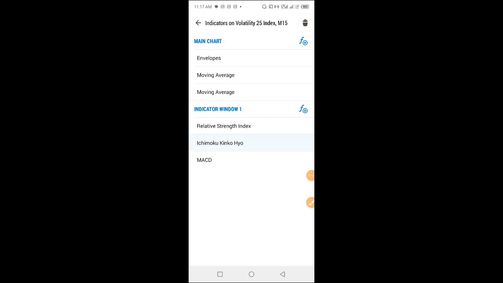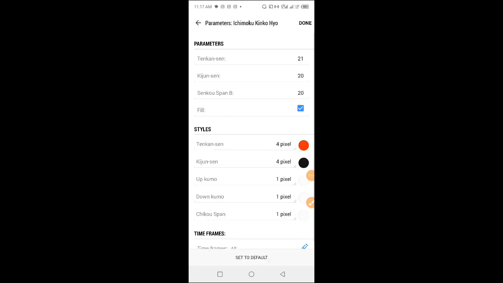And Ichimoku. The Tenkan-sen should be 21, Kijun-sen should be 20, Senkou Span B should be 20. You can put it fill or you leave it that way. Now, we are only using the Tenkan-sen and Kijun-sen because they work for areas of support and resistance, and they also work for momentum.